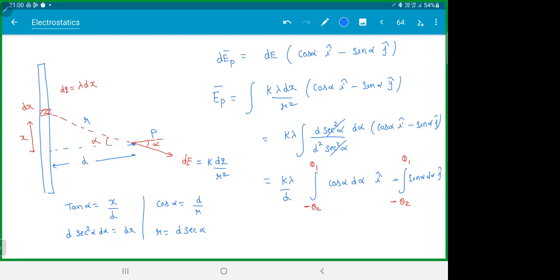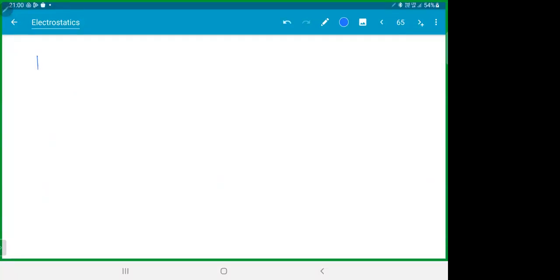Then if I integrate this, the final result will be k lambda by d times sin theta 1 plus sin theta 2 i cap, plus cos theta 1 minus cos theta 2 j cap.